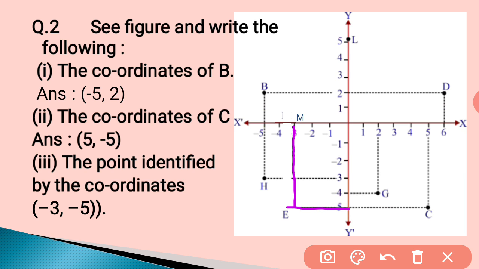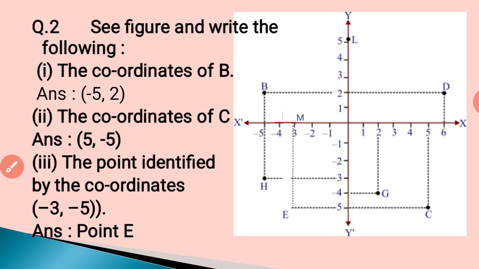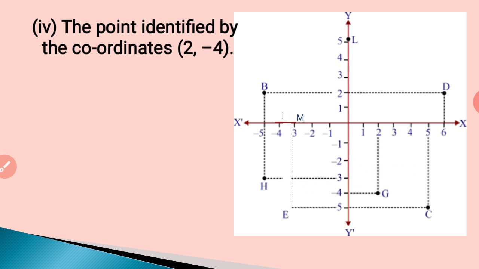The point of intersection is point E. So the answer is point E. Next, the point identified by the coordinates (2, -4). So perpendiculars drawn from 2 and -4 intersect at G and the answer is point G.